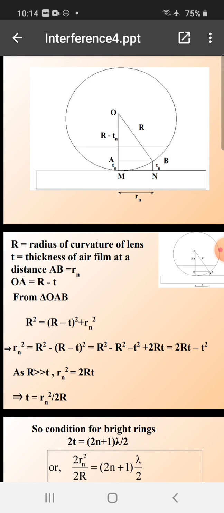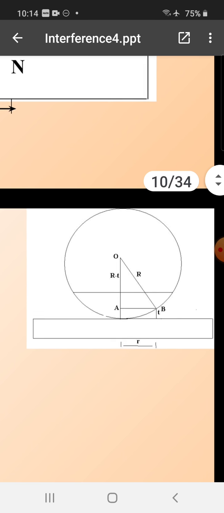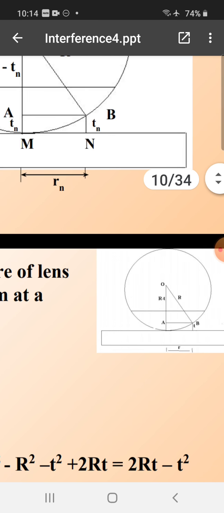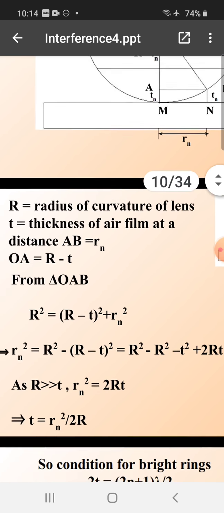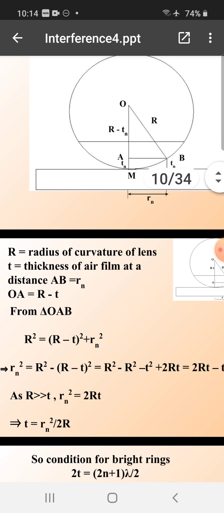Here, from the triangle O, A and B, Pythagoras theorem says that hypotenuse square is equal to perpendicular square plus the base square. So I am going to use that. Here comes that r square is equal to (r minus t) whole square plus rn square.